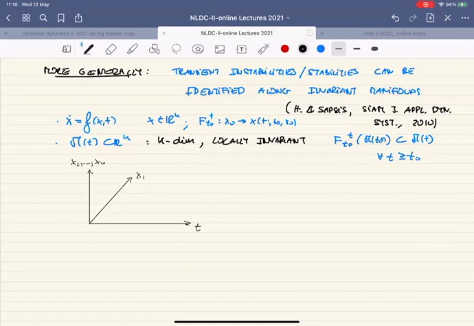And such a manifold in the extended phase space is k-dimensional, and you initialize it somewhere, say here at time equals t naught, and then you have some initial position for that manifold here. So that would be M of t naught.